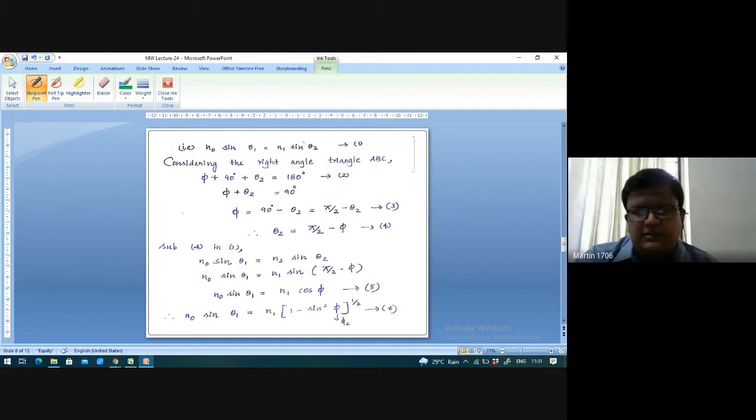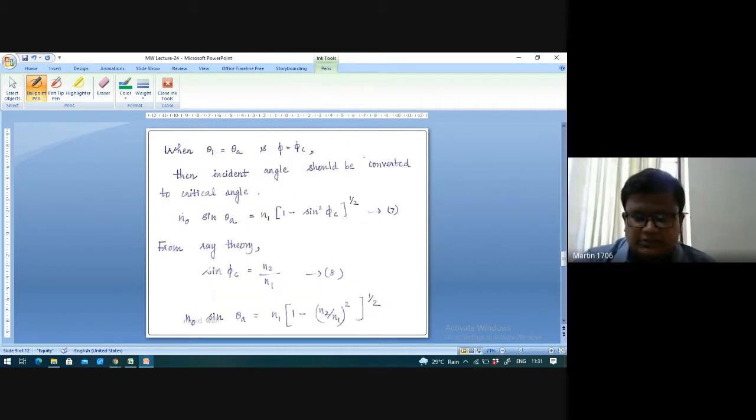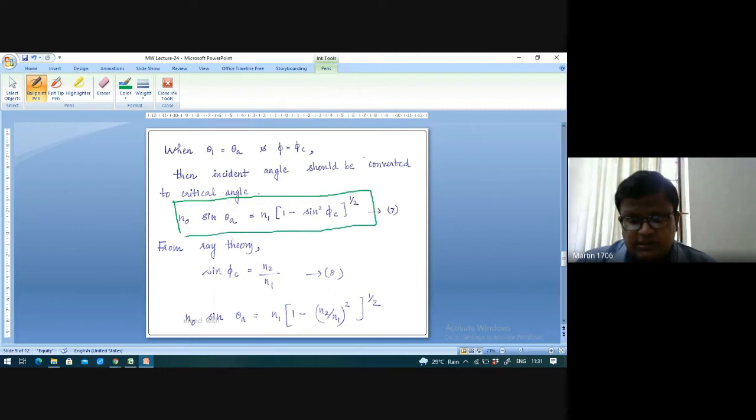So don't get into it in detail. Just know the resultant equation, then it is fine. Okay. And this is one part of the equation you should remember. This equation is nothing but the incident angle should be converted into the critical angle. Just remember the equation. Maybe during your GATE exams, definitely it will be useful.